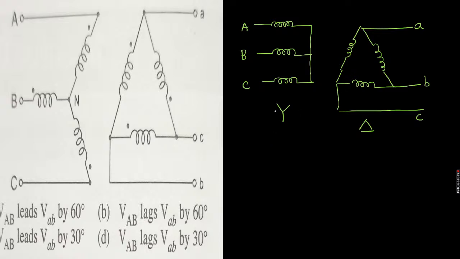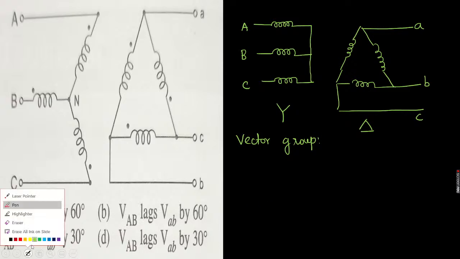Now the question is VAB leads VB by 30 degrees. They have given it like that, that is the vector group, the three phase transformer vector group. How will you identify the three phase transformer vector group?